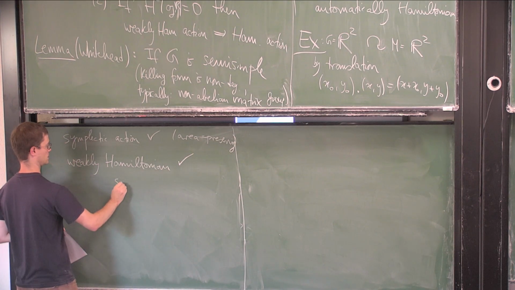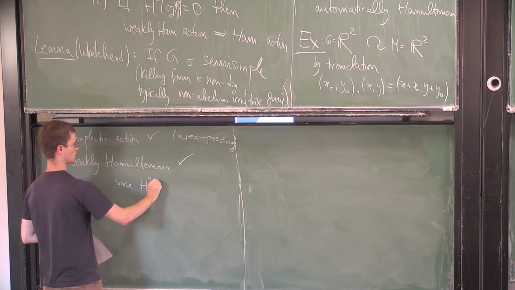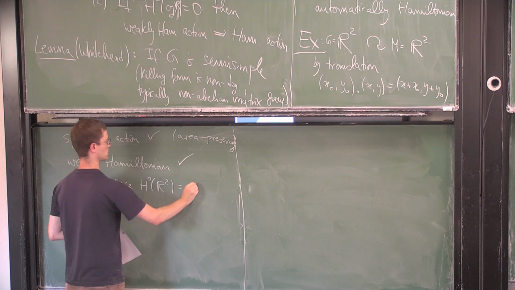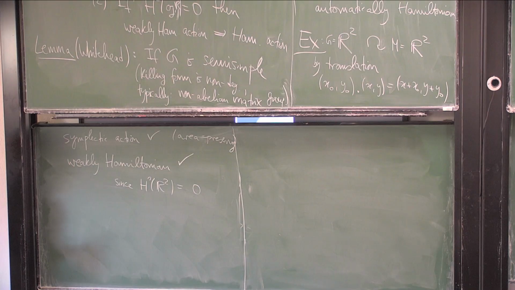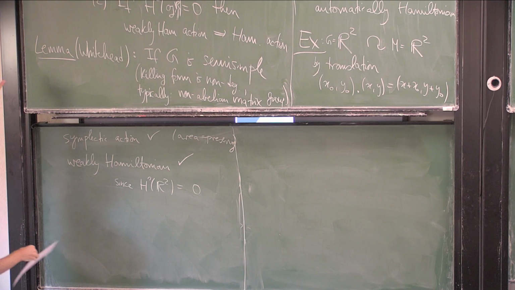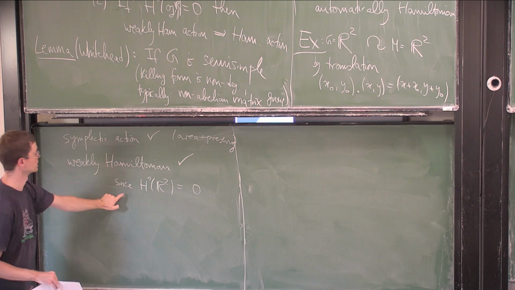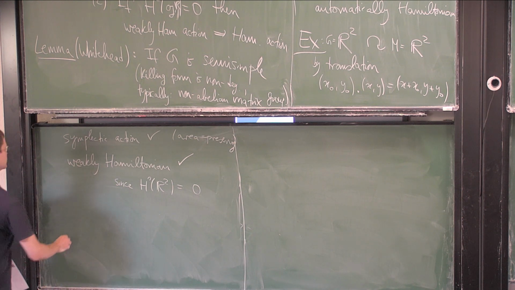Yes, since the first cohomology of R2 is trivial. Okay, so we can immediately appeal to this theorem. We know it's weakly Hamiltonian, since it's symplectic. Symplectic implies weakly Hamiltonian. So the question is, is it Hamiltonian?